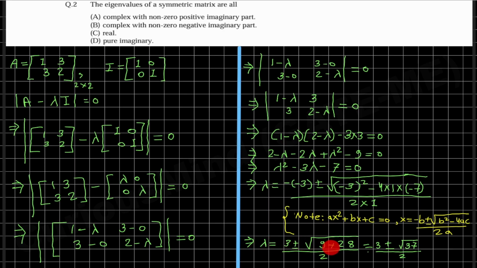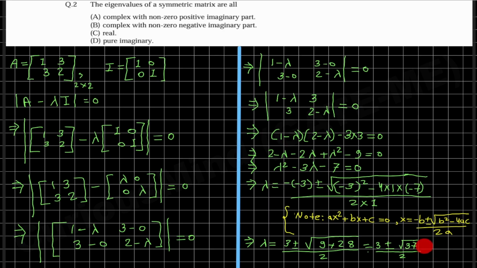After further simplifying, the values of lambda are 3 plus minus square root 37 divided by 2. So both values of lambda are real numbers. Alright, we can say that the eigenvalues of a symmetric matrix are all real. So the correct option is C.